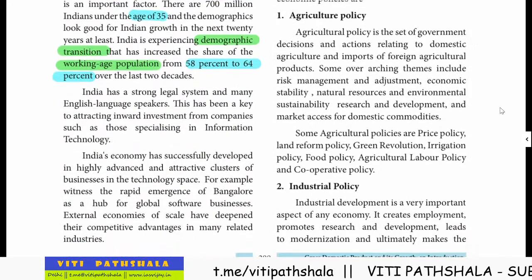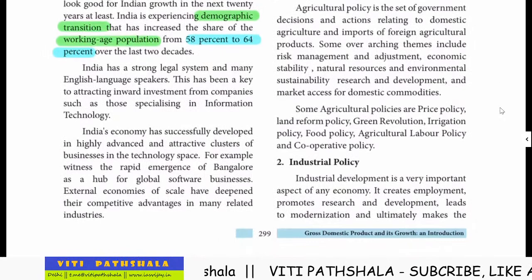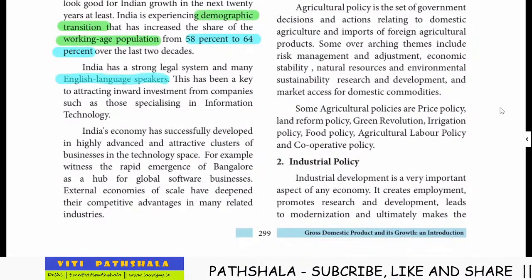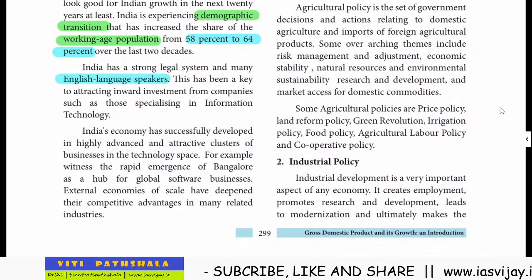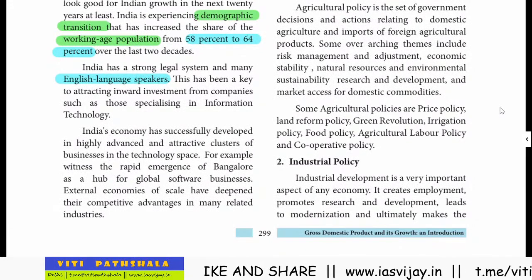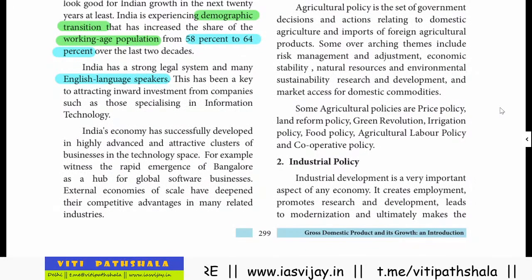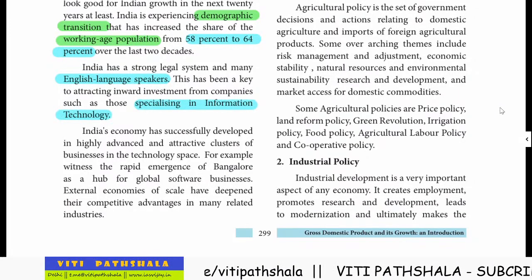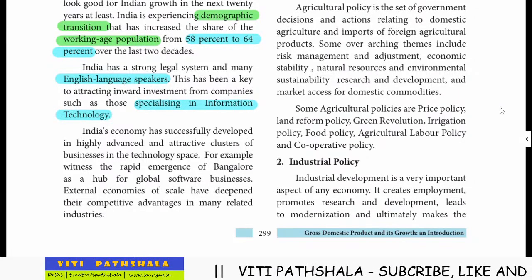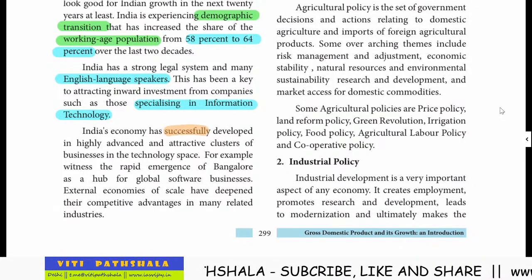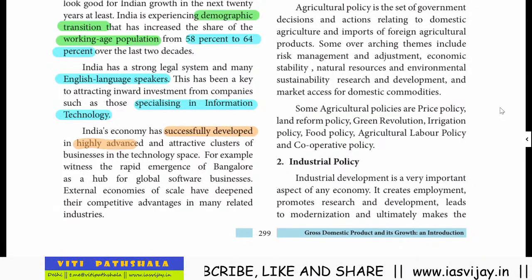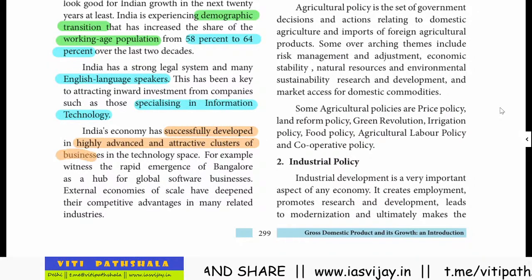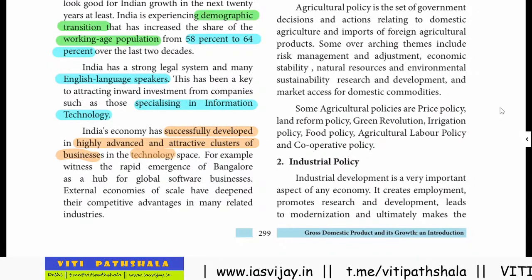Now, India has a strong legal system and many English language speakers. This has been a key attraction for inward investment from companies specializing in information technology. India's economy has successfully developed highly advanced and attractive clusters of business in the technology space.